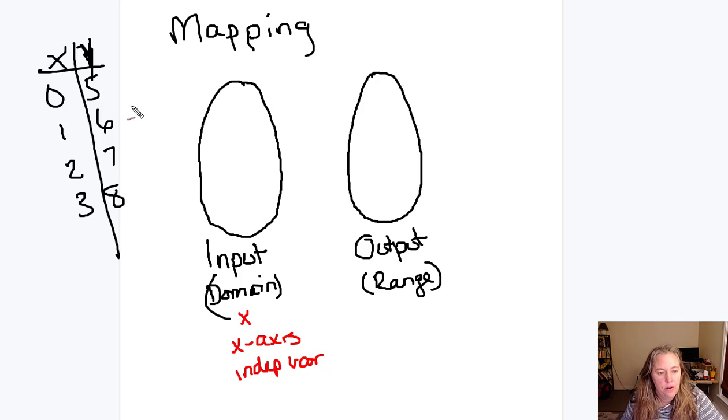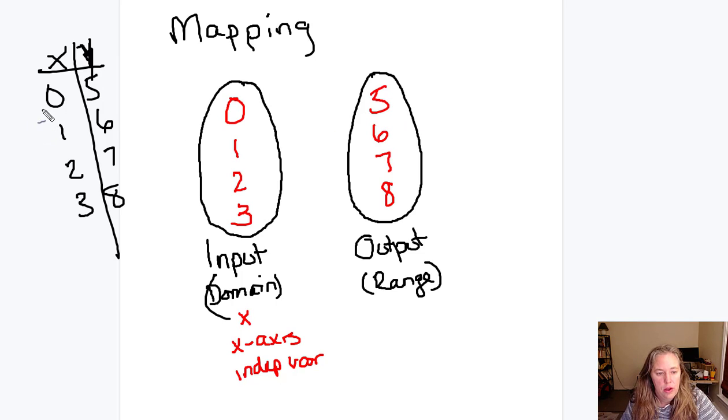Okay, so over here we have our input values 0, 1, 2, 3. Like that. And then our output values 5, 6, 7, 8. Okay, and then you show, and we're going to get to a function pretty quick here, and that's going to help you understand what's going on here.